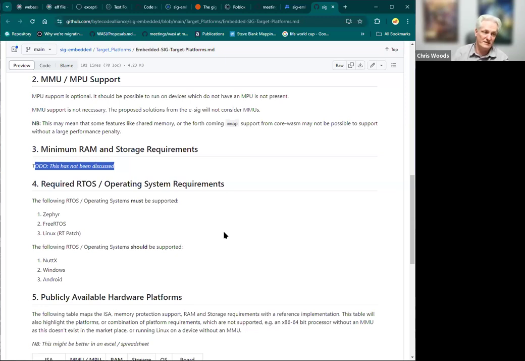So if desktop WASI is addressing Linux and Windows, is there anything more we need to do from a WASI point of view? Or are we good with focusing on those operating systems that don't come for free with desktop WASI, in which case it would be Zephyr, RTOS, and NuttX. Maybe Android.